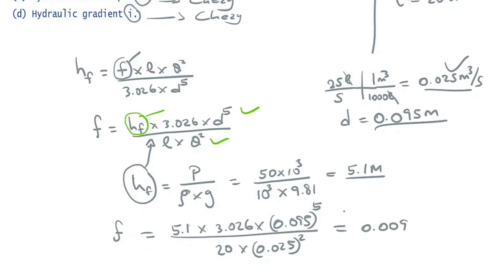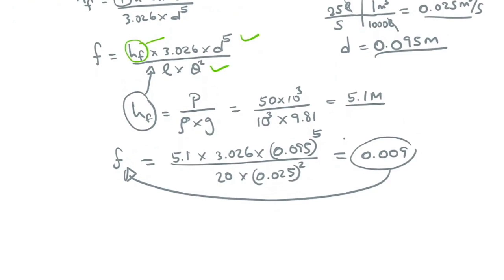This gives 0.009. That is the coefficient of the friction that we have been looking for, this F.